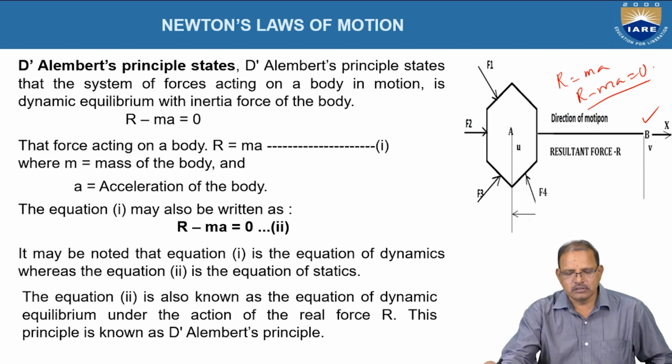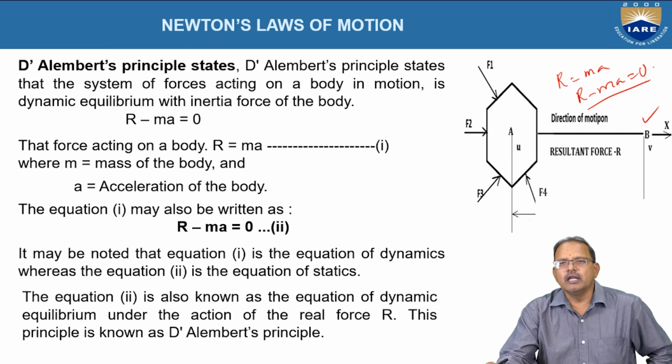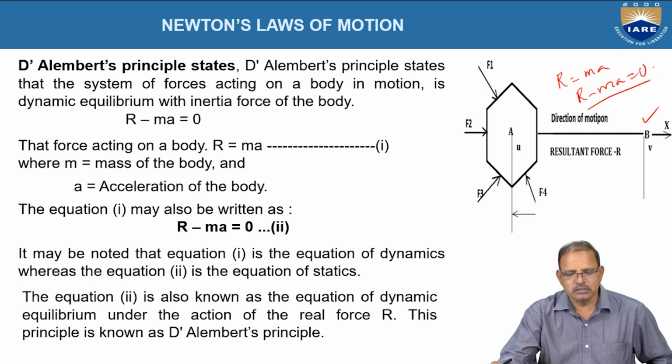D'Alembert's principle states that when a system of forces acts on a body in motion, it is in dynamic equilibrium with the inertia force. Here F1, F2, F3, F4 represent the system of forces acting on a body that is moving.